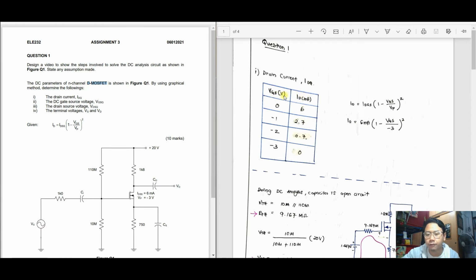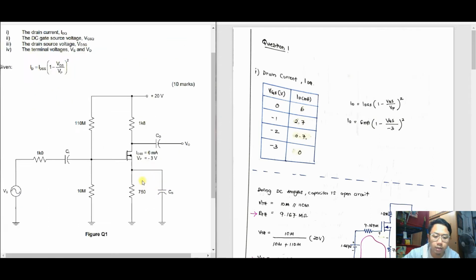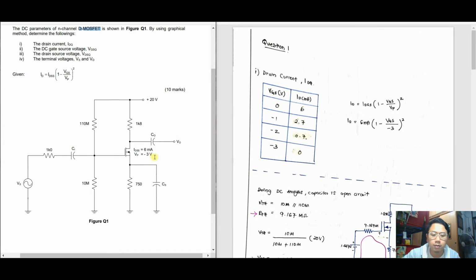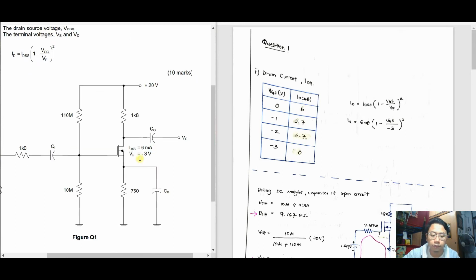So how to find the value of VGS and the value of ID here? By referring to the formula given, ID is equal to IDSS times (1 minus VGS over Vp) squared. From the formula, just enter the values given. IDSS is already given in the equation, and Vp is also given, negative 3 volt.